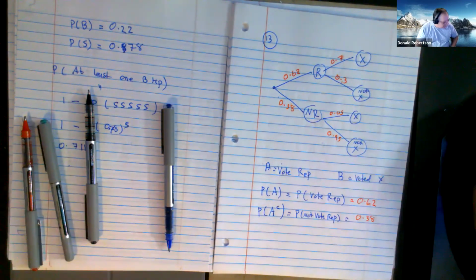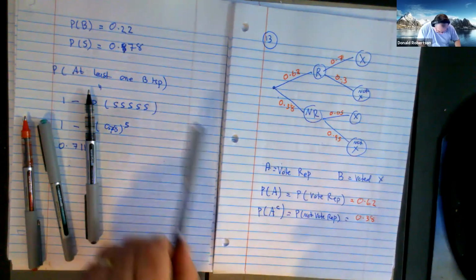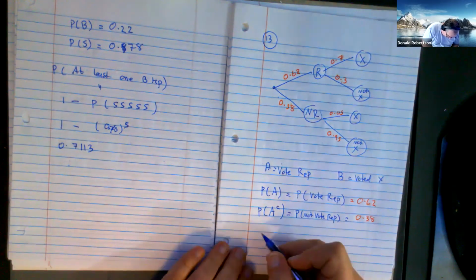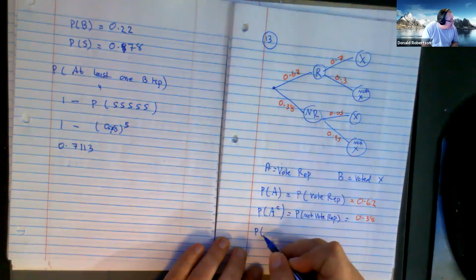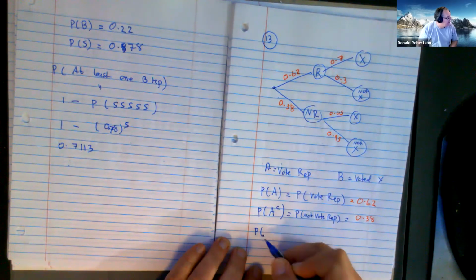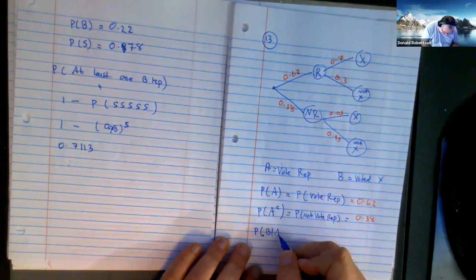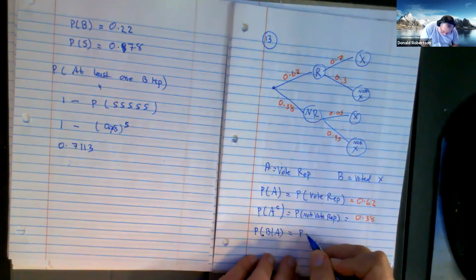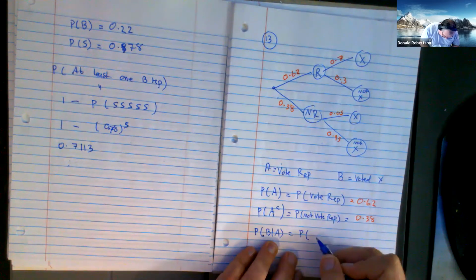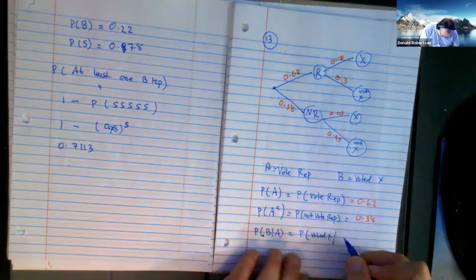Now, the next ones are conditional probabilities. So the probability of B given A, here we go. B given A is the probability that you voted for candidate X, given that you were a Republican.